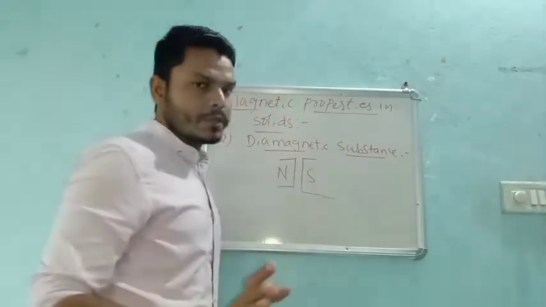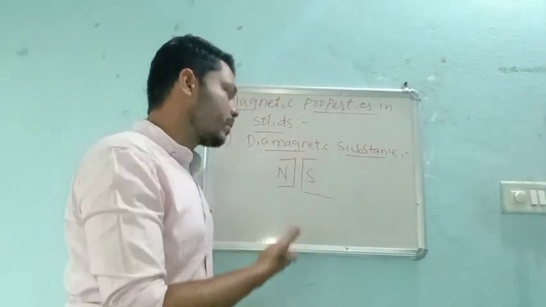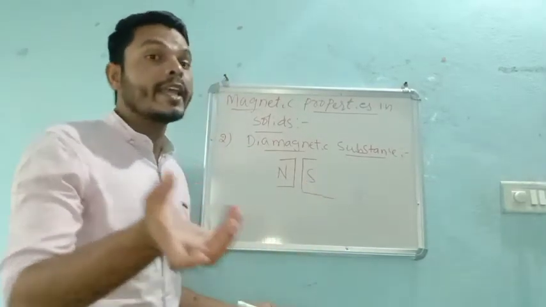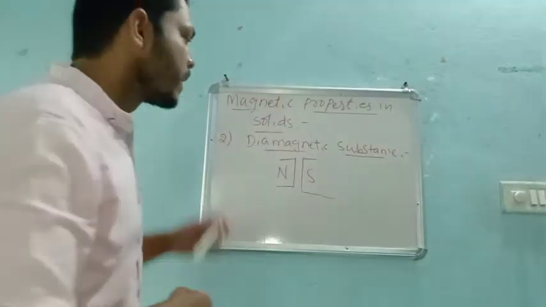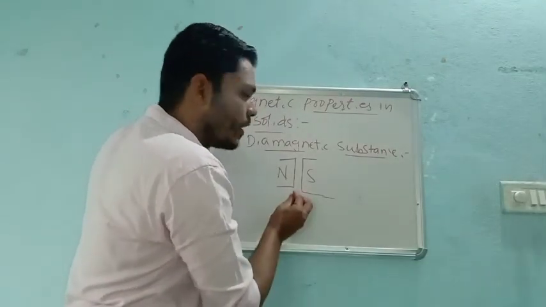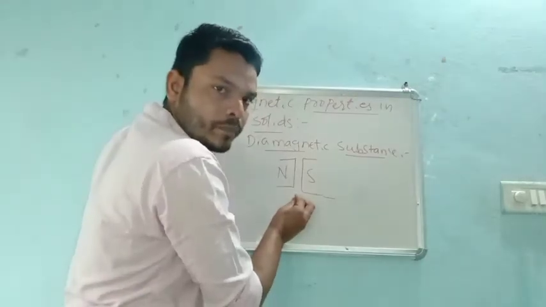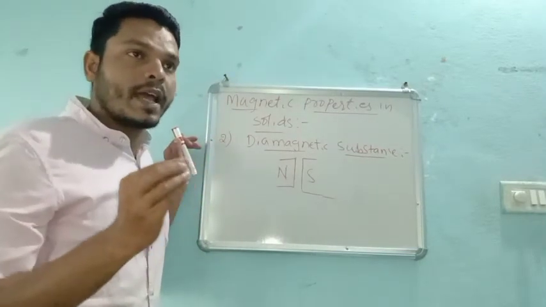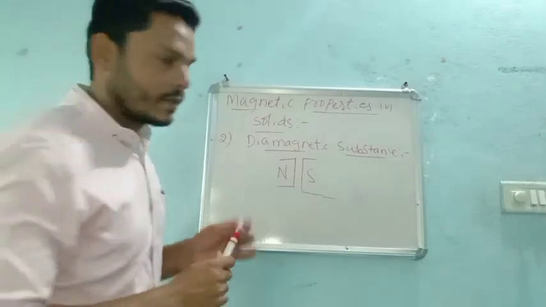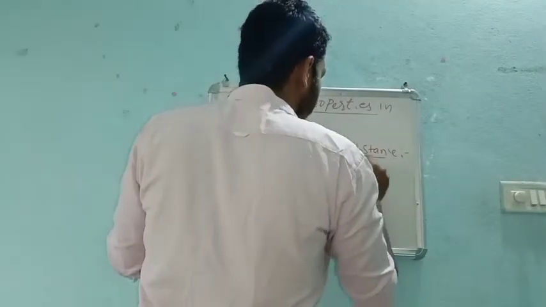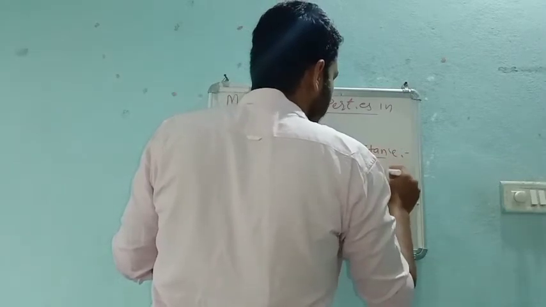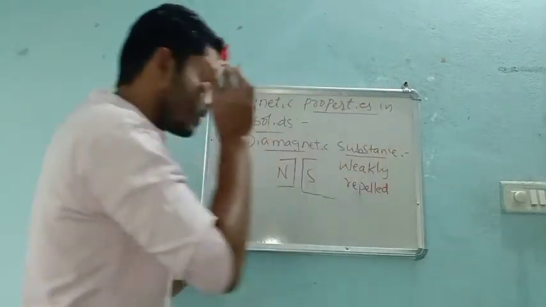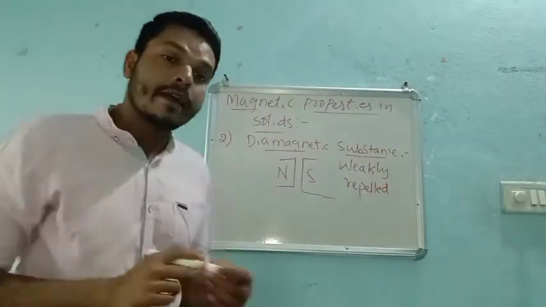If I bring any substance whose magnetic property we don't know, a simple substance like NaCl, the best example for diamagnetic, near this magnetic field, and the substance is weakly repelled by the magnetic field, then such substances are called diamagnetic substances.